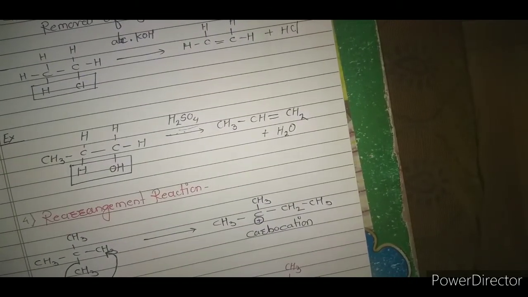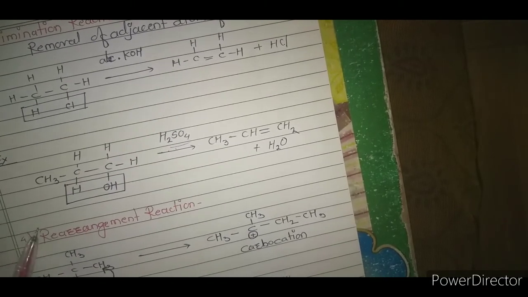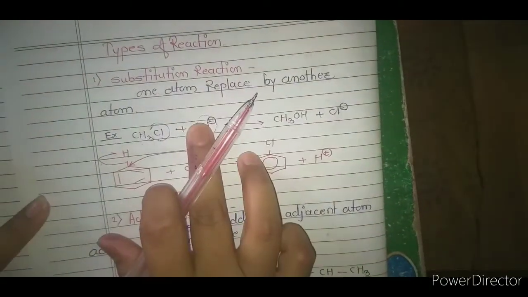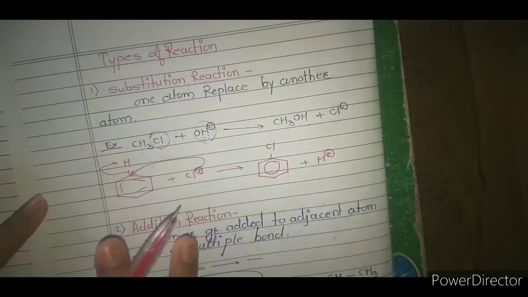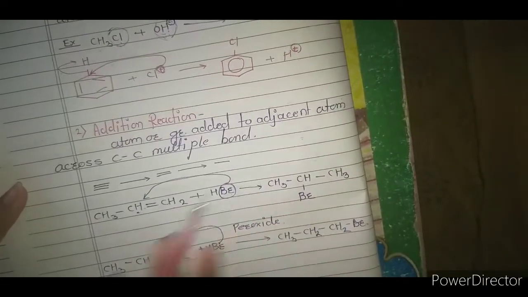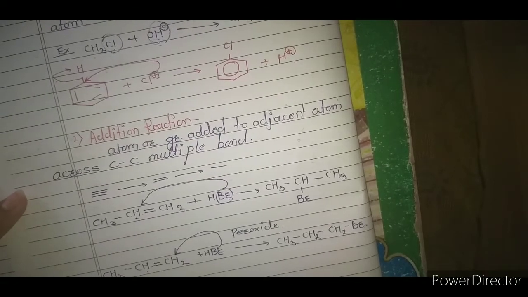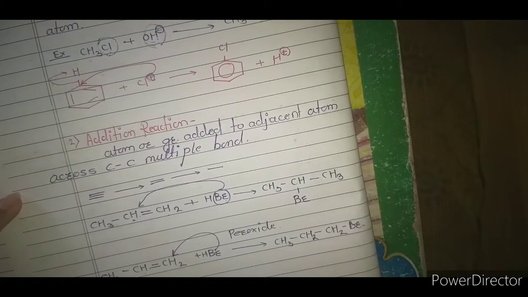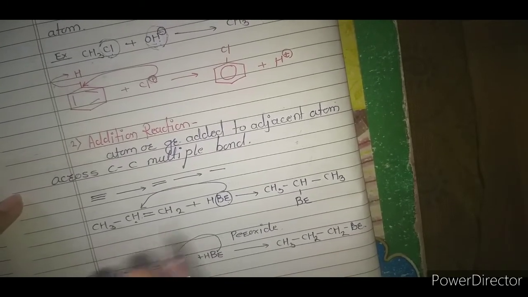There are four types of reaction. First is your substitution reaction. In substitution reaction, what happens? The replacement of one atom by another atom. Next is addition reaction. The addition of a molecule or atom to adjacent atoms across a multiple bond takes place in addition reaction.